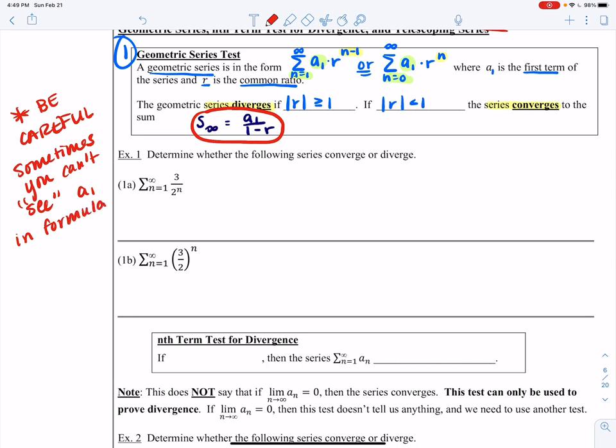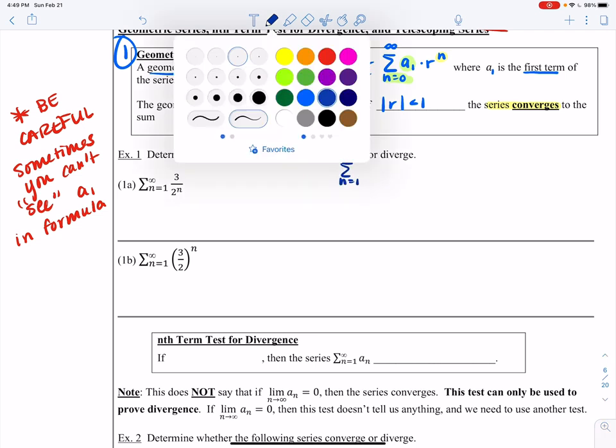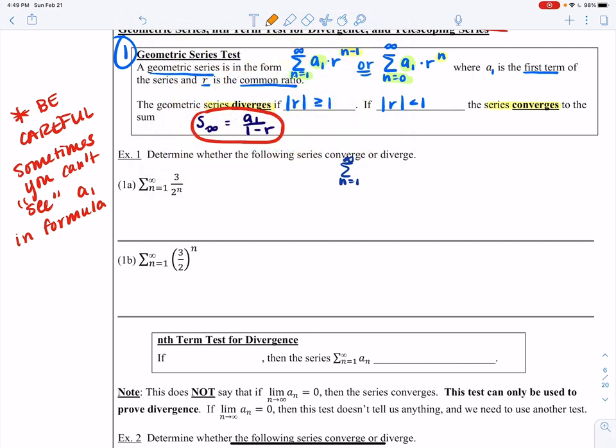So we look at example number 1a, not obviously geometric, but remember I told you, when in doubt, list out some terms. So let's list out some terms of this series, starting at 1 to infinity. You'll notice this does not look like this format right here, because if it's supposed to start at 1, I'm supposed to see an exponent of n minus 1.